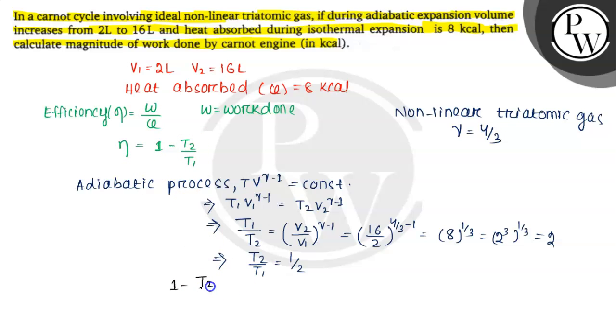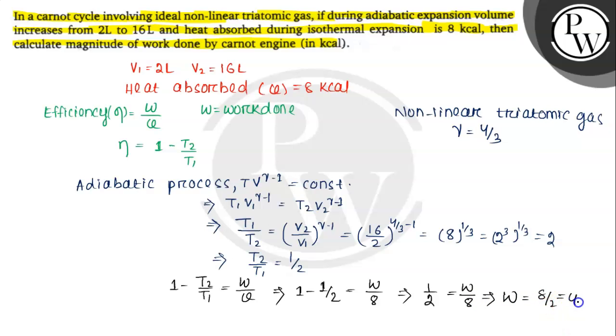That means 1 minus T2 by T1 will be equal to W by Q. So 1 minus 1 by 2 is equal to W by Q, and Q is given as 8 kilocalorie. So 1 by 2 equals W by 8. So W, that is work done, will be equal to 8 by 2. It is 4 kilocalorie.